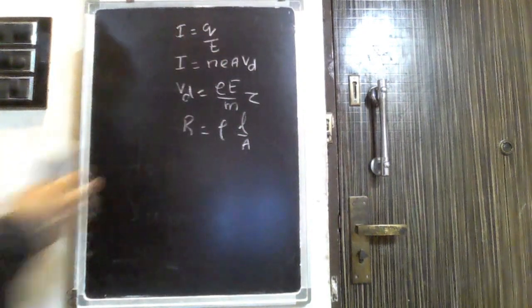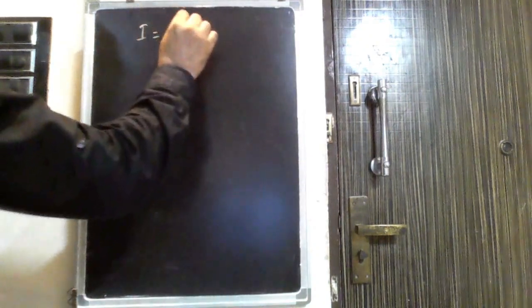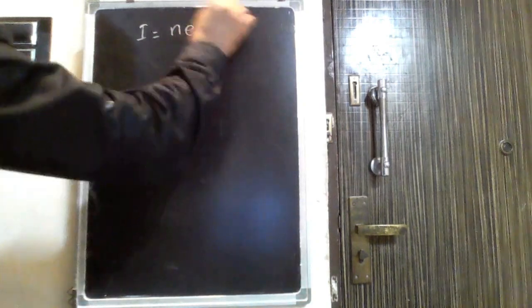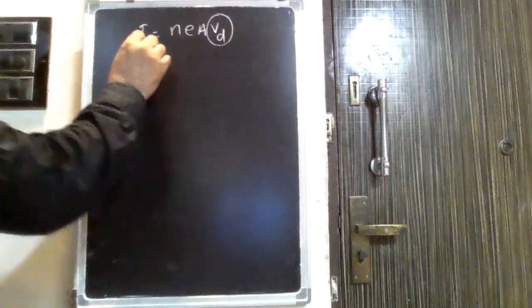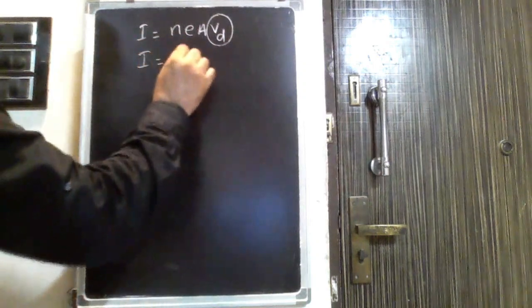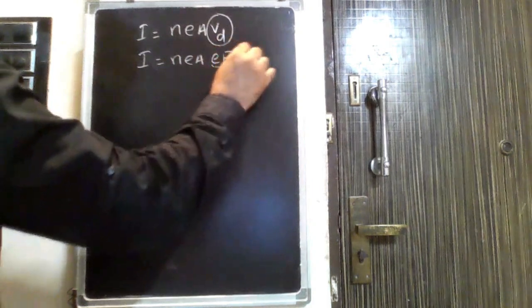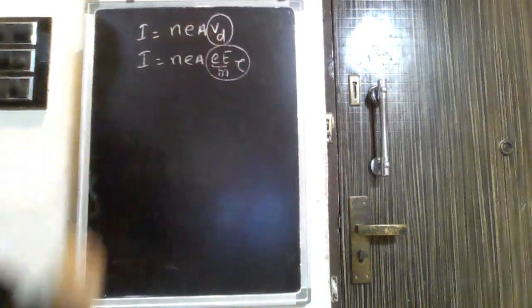So let's do one thing. Let's go to that same equation of I equals NeVd. So I equals NeVd. Let's use this formula. Now instead of Vd, I'll put the formula we got before for Vd, which is E upon m into tau. So I'm using the formula of Vd, which has already been found.